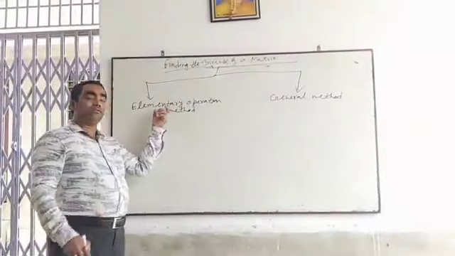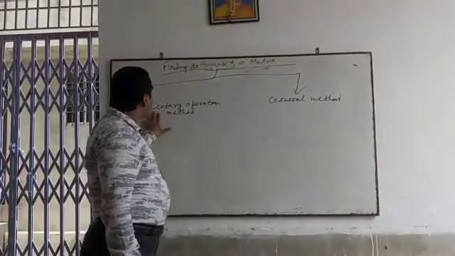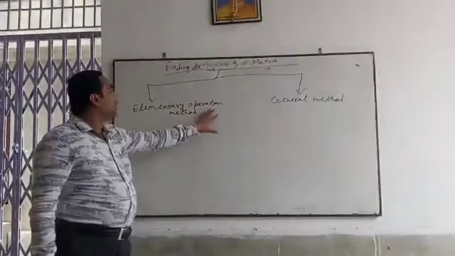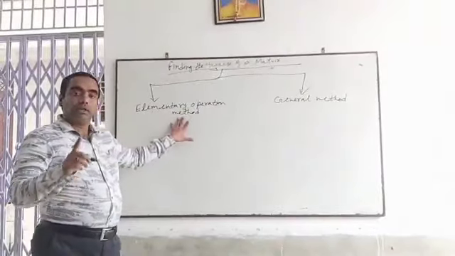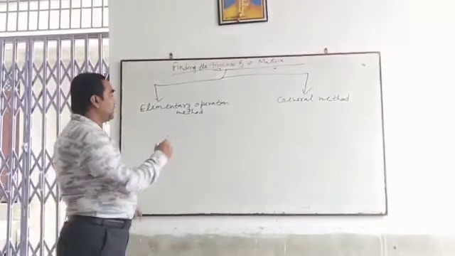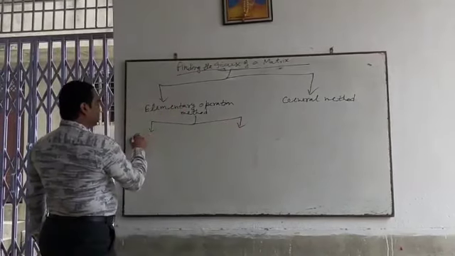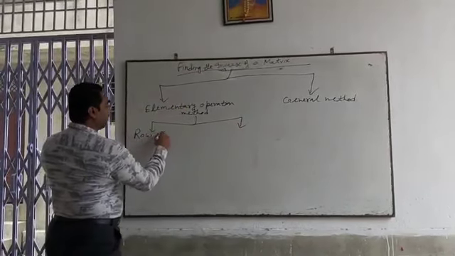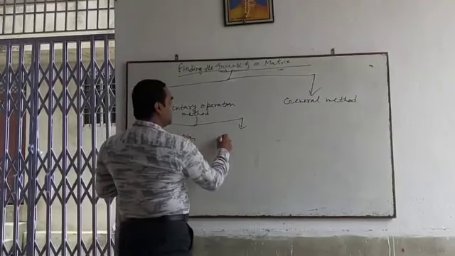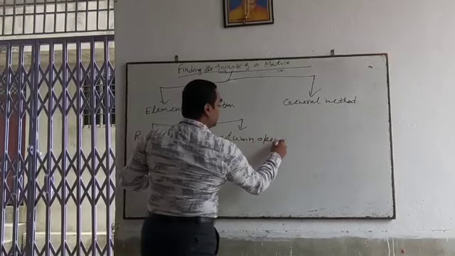At first we are going to describe how to find the inverse of a matrix by using the elementary operation method. There are two most common operations. First one is row operation, and second one is column operation.